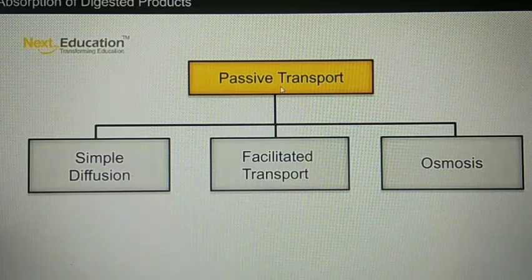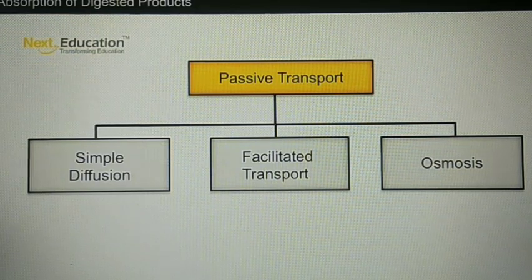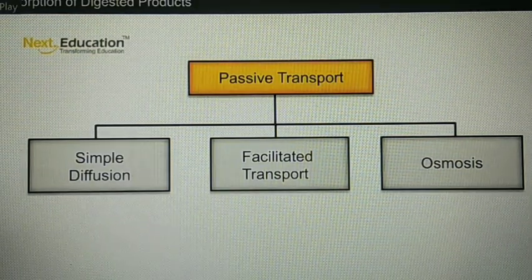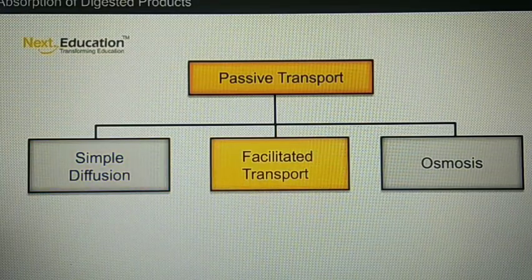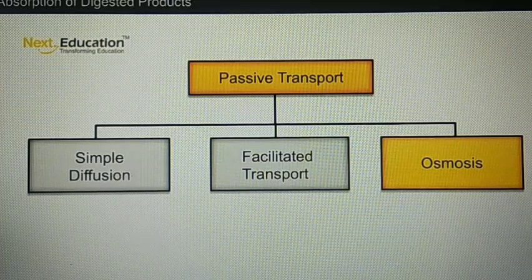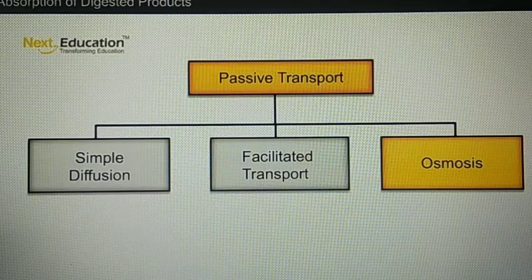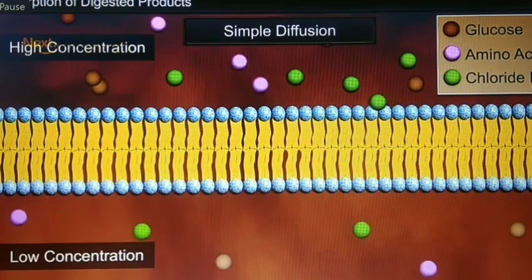Passive transport occurs in three ways: by simple diffusion, by facilitated transport, and by osmosis. So these three are the methods of passive transport. Nutrients are transported by these without the expenditure of energy.